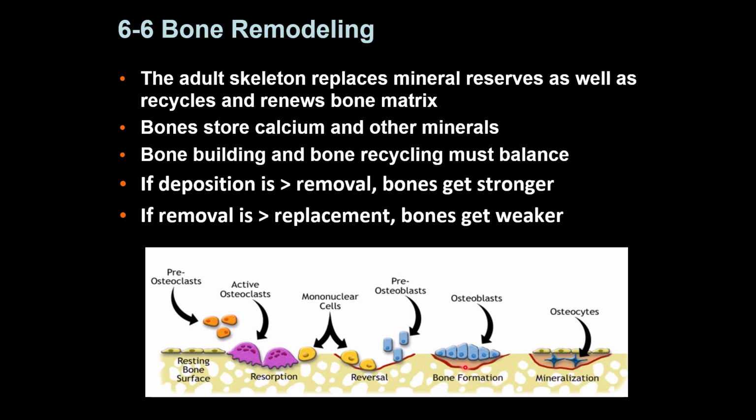Then this bone matrix is calcified, then the osteocytes are formed, and this area is healed. So this process takes about 3 months, roughly. Okay, this is not exact science. It's 2 to 3 weeks here, 2 to 3 months here, average 3 weeks here and 3 months here. And the same process can continue again and again and again.